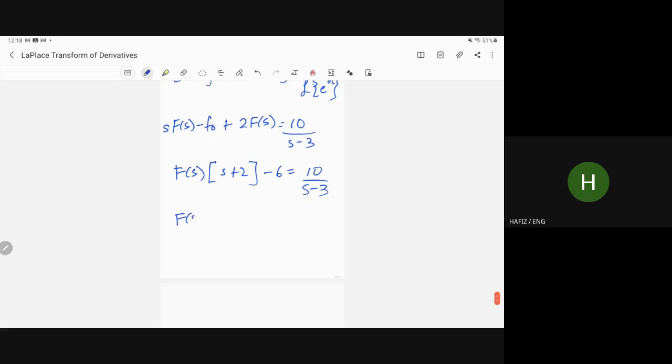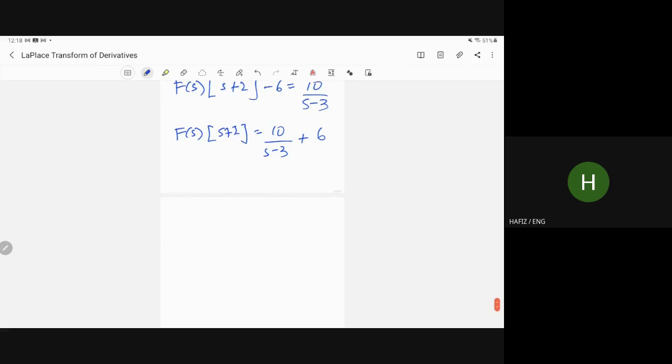So now you have F(s)(s plus 2) equals to 10 over s minus 3 plus 6. Okay, you times 6 by s minus 3 to get the same denominator. Then plus 6s minus 18 over s minus 3.